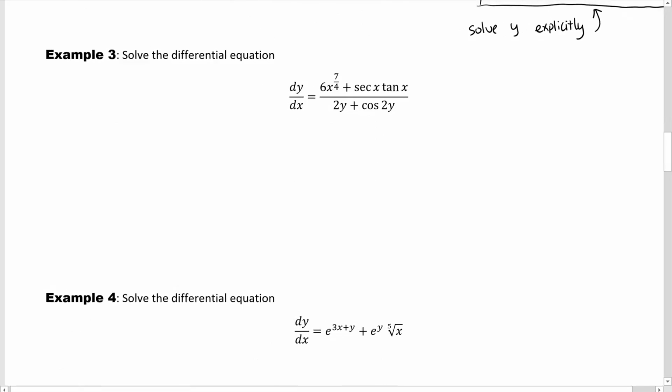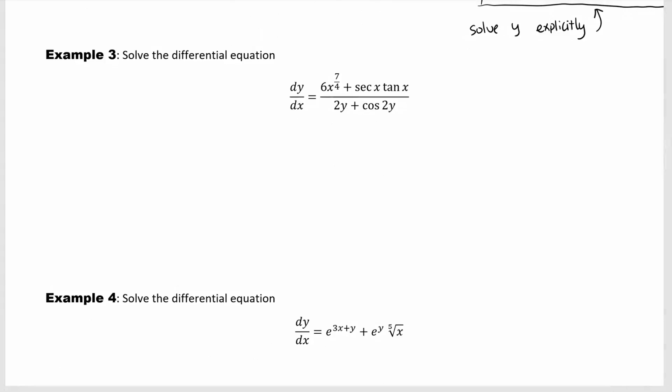So here we have the left hand side is dy over dx. The right hand side is a quotient, but it's okay. The numerator is a function of x, and the denominator is a function of y. So we multiply both sides by the denominator.